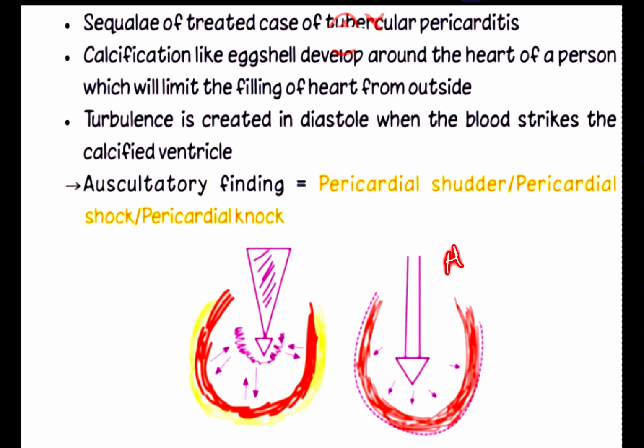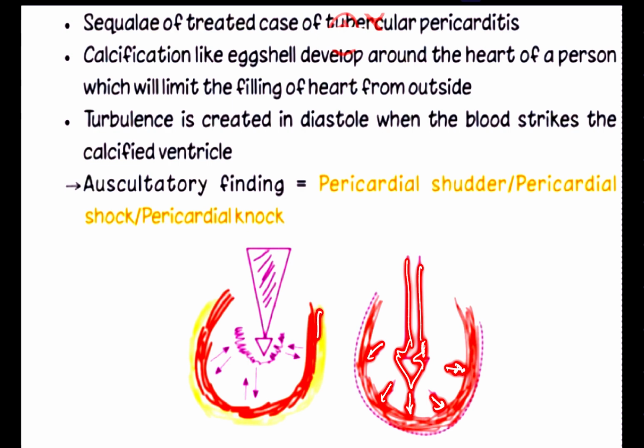In a normal individual, as blood enters into our heart, this blood pushes and causes the ventricle to dilate; there is compliance.